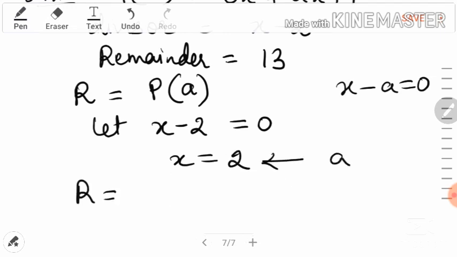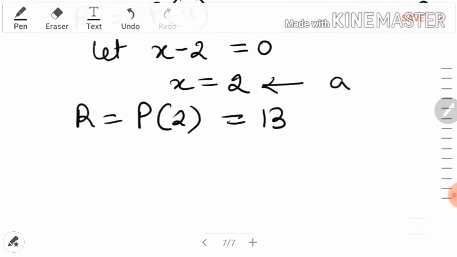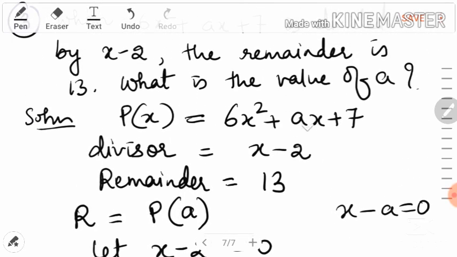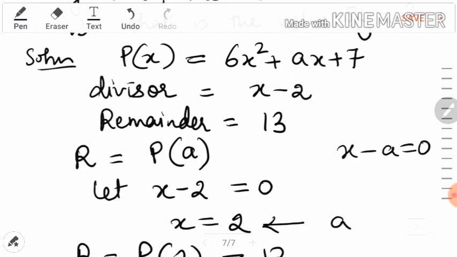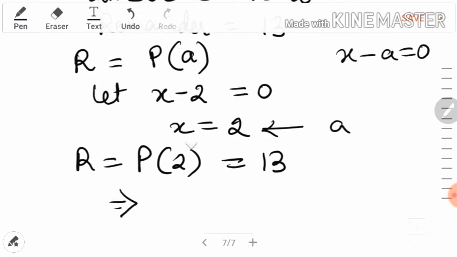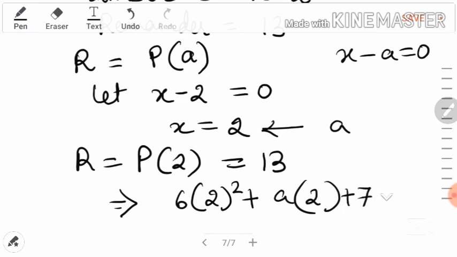So the remainder is equal to p of 2, and that is equal to 13. So let's substitute the value of 2 in the polynomial 6x square plus ax plus 7. This implies 6 times 2 square plus a times 2 plus 7 is equal to 13.